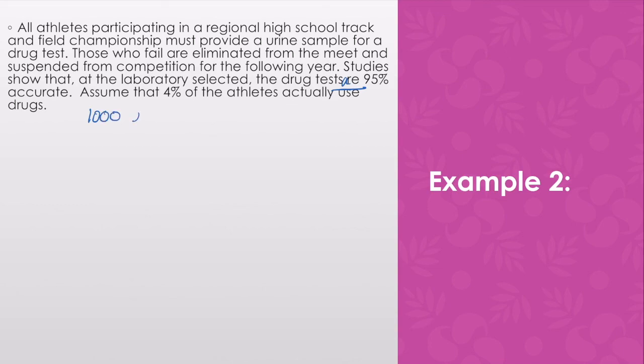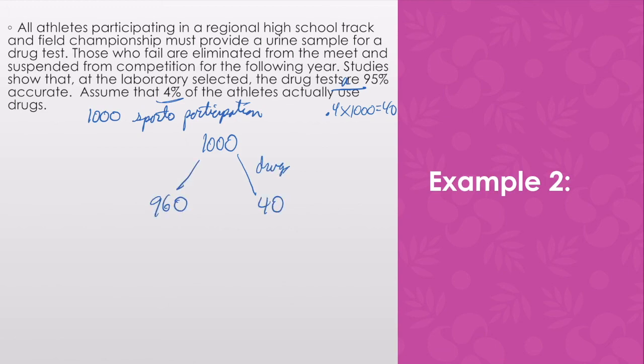sports participants. I am not into sports. Okay, so we have 1,000 sports participants. If 4% of them are actually using drugs, that'd be 0.04 times 1,000, which would give us 40. So I've got 40 on drugs and 960, the remaining out of 1,000, who are not on drugs.